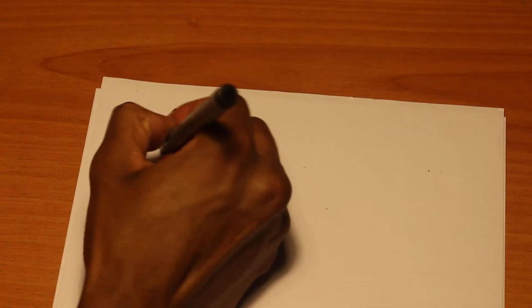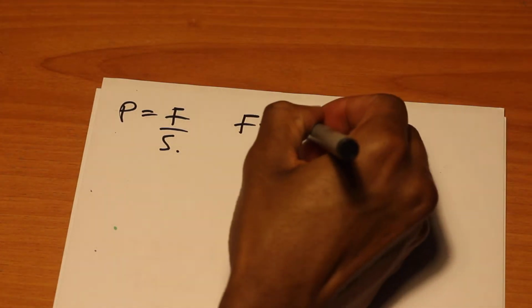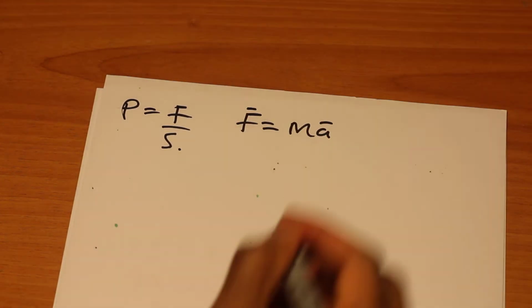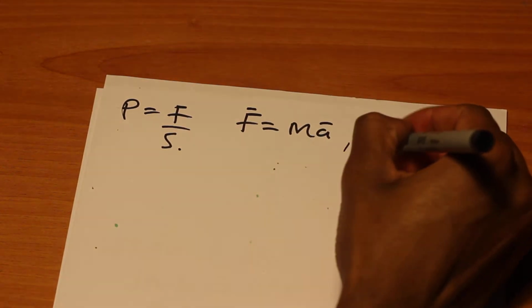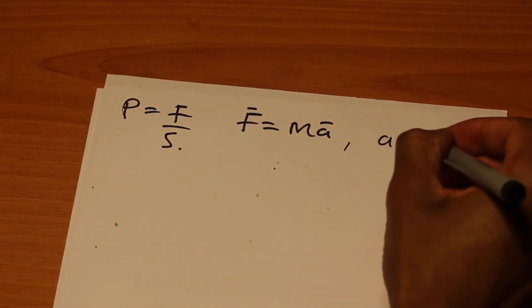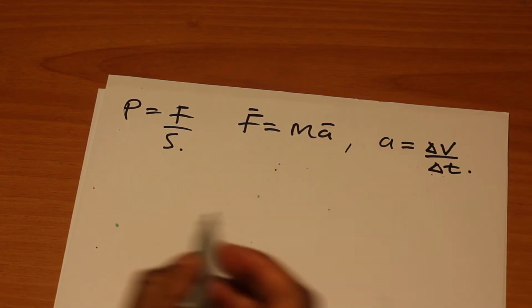We'll start from the basic things that we know. We all know that pressure is equal to force over area. From Newton's second law of motion, we remember that force is equal to mass times acceleration. And from the laws of motion, acceleration gives us a change in velocity over a change in time.